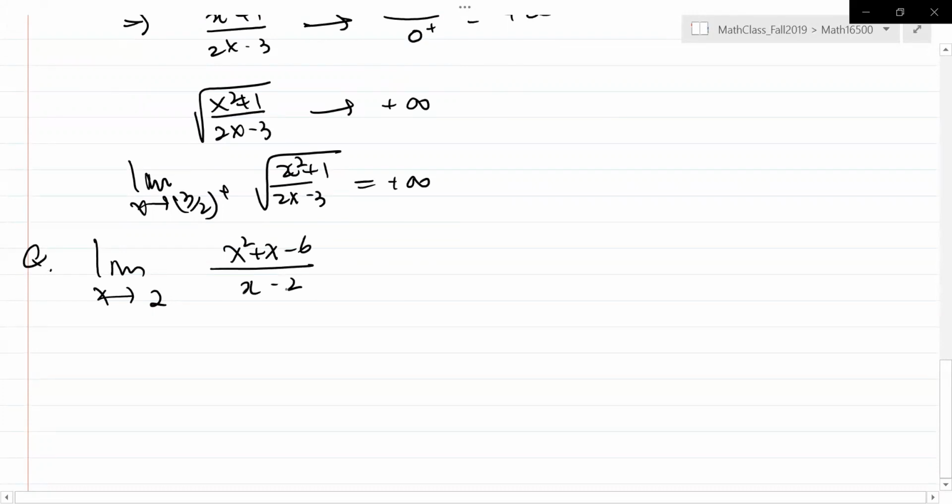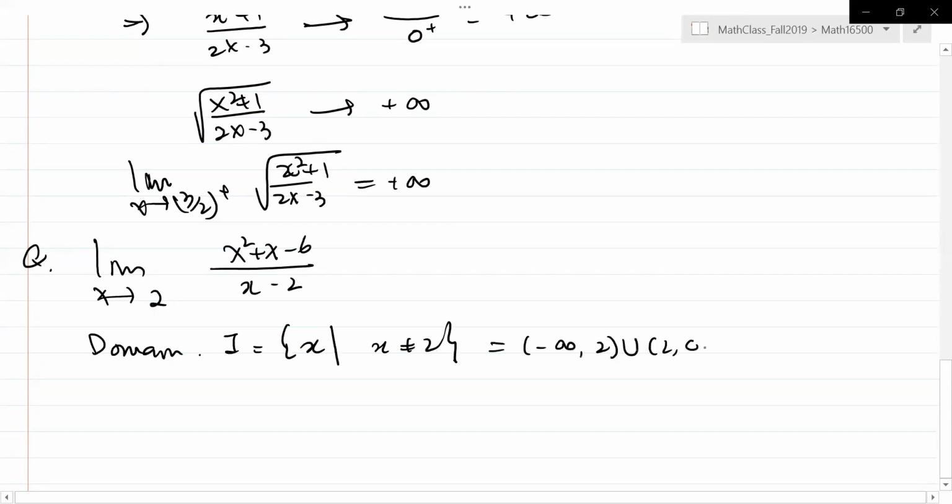approaches 2. And look at this fraction. The domain is the whole line, but by removing the number 2. So it consists of 2 open intervals, from negative infinity to 2, and from 2 to positive infinity.